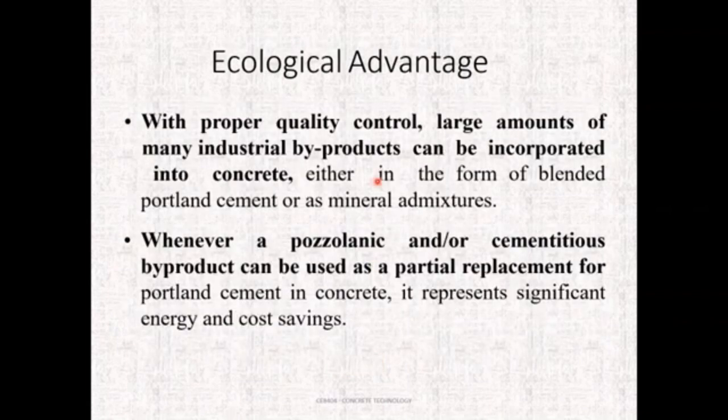With proper quality control, large amounts of many industrial byproducts can be incorporated in concrete in the form of blended cements. Whenever a pozzolanic and cementitious byproduct can be used as a partial replacement of cement, it represents a significant amount of cost saving and energy saving.